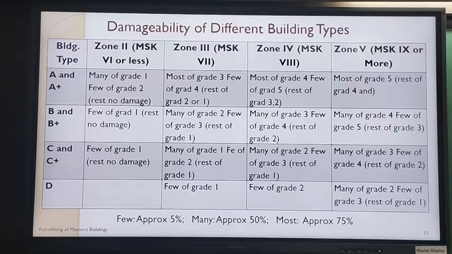So this actually gives an overall picture of what kind of damage a particular type of building can suffer in a particular zone. See, generally what happens is this: after a disaster, when you're looking at the macro level picture, you have data from sensors that says what percentage of buildings are A, B, C, not so much in detail, but still there used to be fairly good sensors until recently.